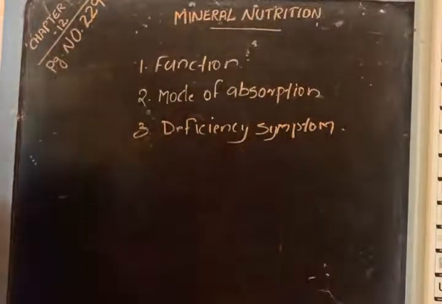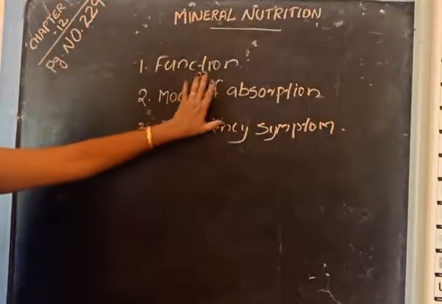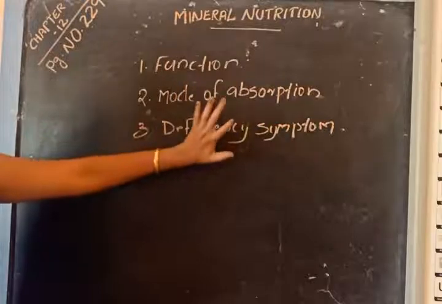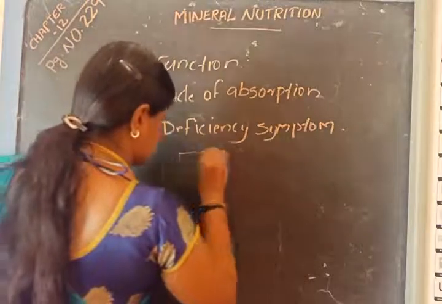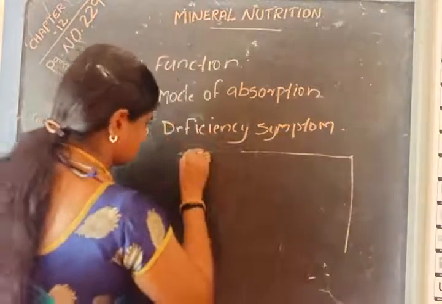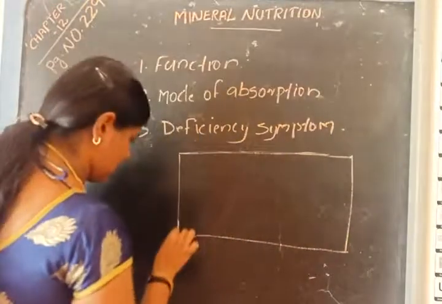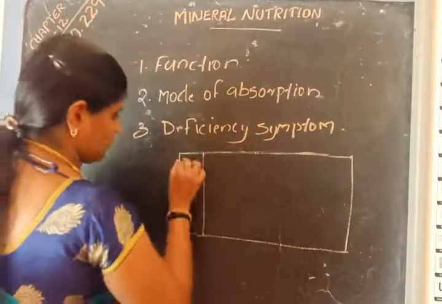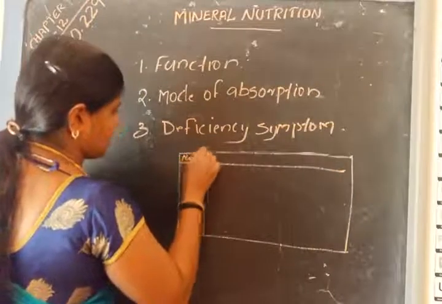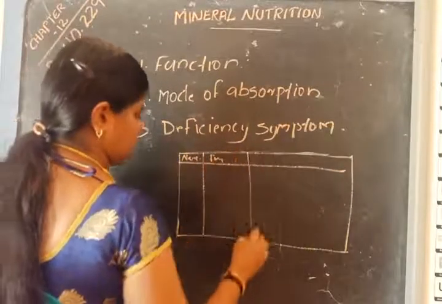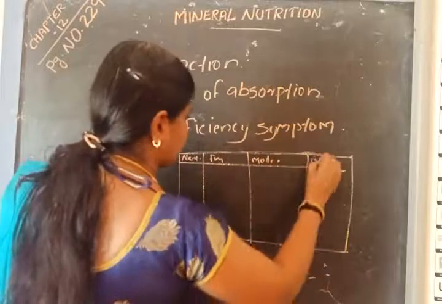You can prepare a table with the headings function, mode of absorption and deficiency symptoms, just like this. Here you can write the name of the minerals, here the function, here the mode of absorption and here the deficiency.